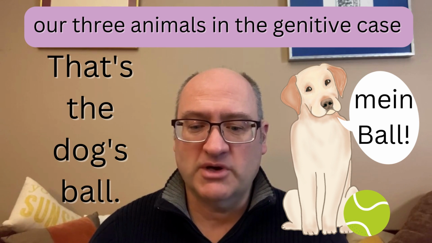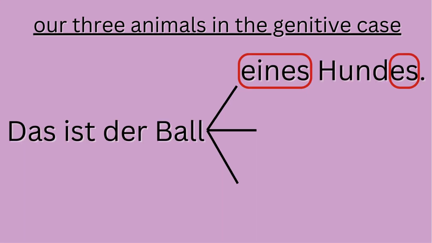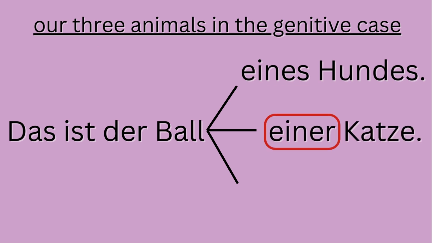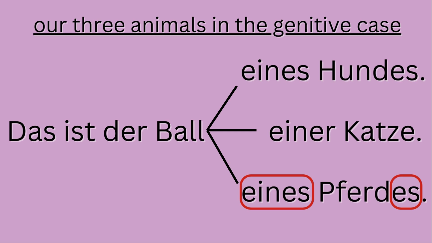So for the first one, I would say, das ist der Ball eines Hundes. That is the ball of a dog. Das ist der Ball einer Katze. That is the ball of a cat. Das ist der Ball eines Pferdes. That is the ball of a horse.